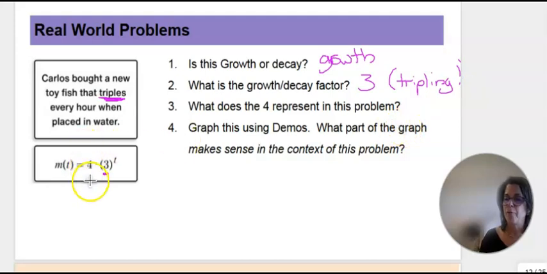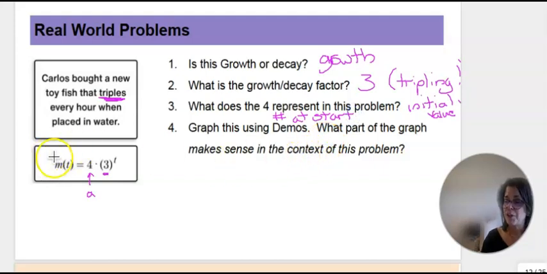All right, what is the 4? Well, 4 is our A, isn't it? What did that represent? That represented our initial value, which in this case is how many fish he started with. Number at the start or the beginning.